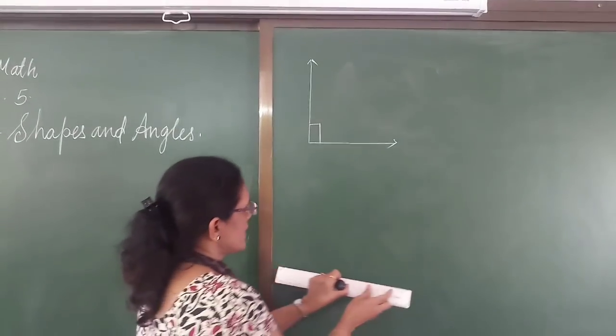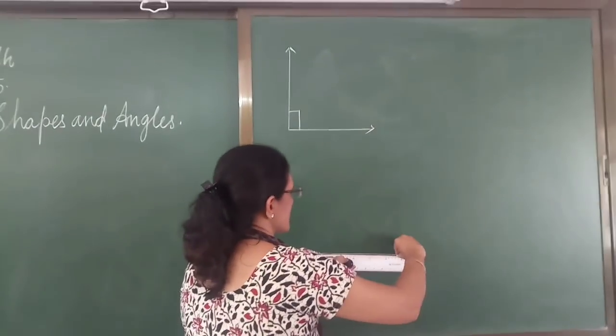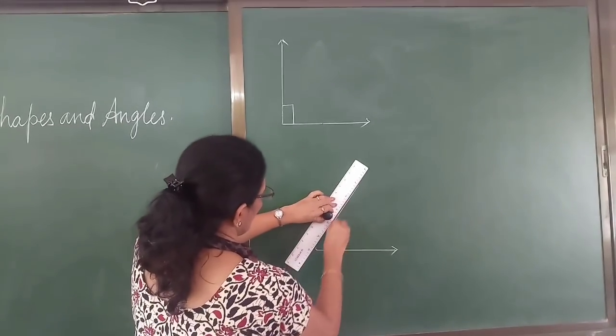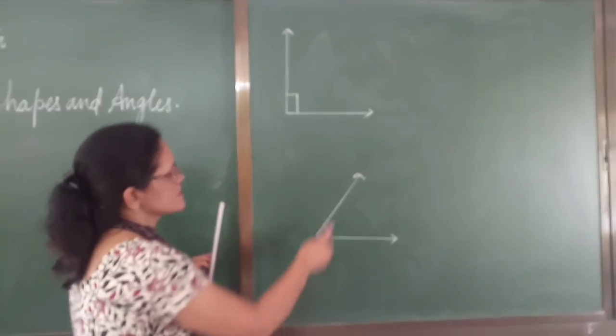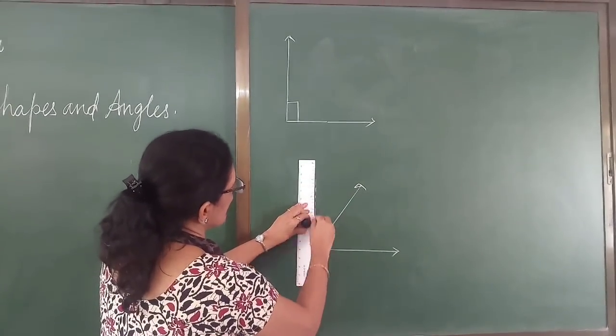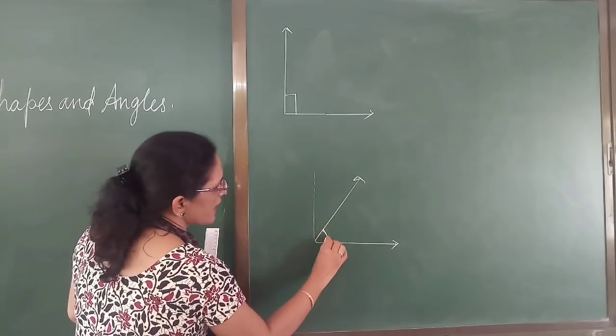Now I take one more, I will show you less than 90 degrees, right? Yes. Now tell me, this is less than 90 degrees and you can assume this as a right angle, right? So here an angle is formed.